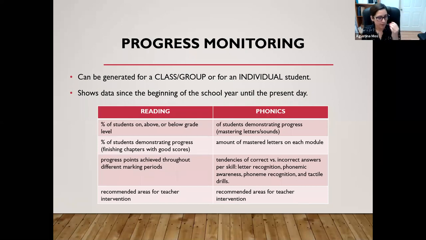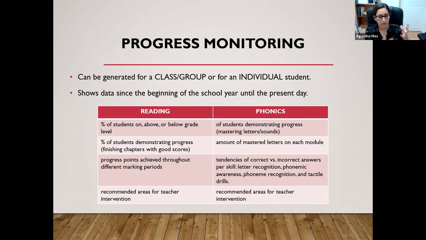And that'll give you a little bit of guidance as to which areas you might want to focus on in your direct instruction, which areas maybe they need a little more reinforcement on top of what the software is giving them. So maybe you want to come up with some worksheet or look up something else that you can work on those skills with your students.